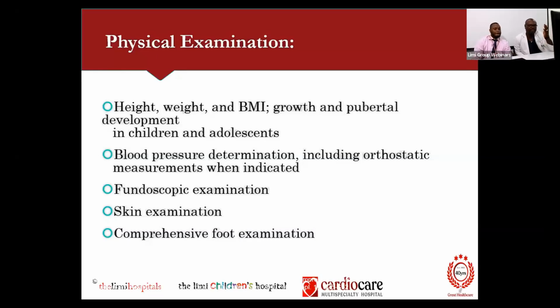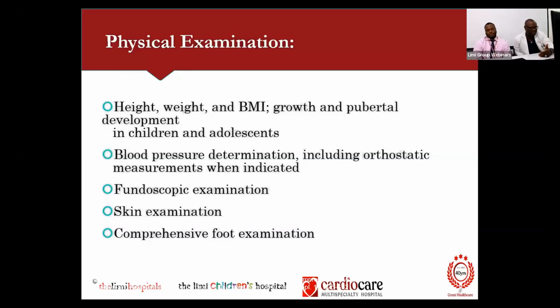If you don't know how to do fundoscopy, please refer the patient to where it can be done. But simply, you can always examine for retinal changes. But like I said, if you don't know or you can't differentiate, please always send for fundoscopy.